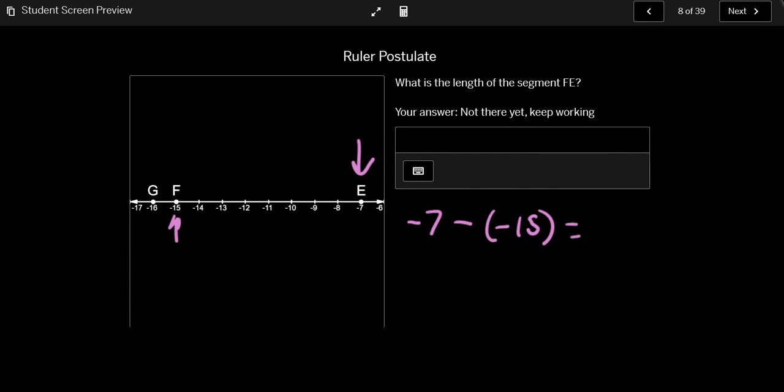We'll simplify it: -7 minus a negative makes positive, so -7 plus 15, which gives us 8. So the distance between those two points is 8. Again, you can count and that's fine, but understanding that you can subtract is a very important skill, because if number lines are much bigger and not easily countable, quickly doing the math of something like -7 minus -15 will help you get to the answer fast.